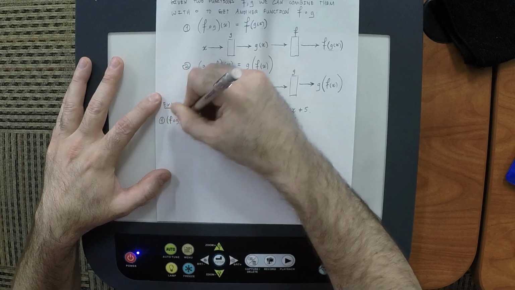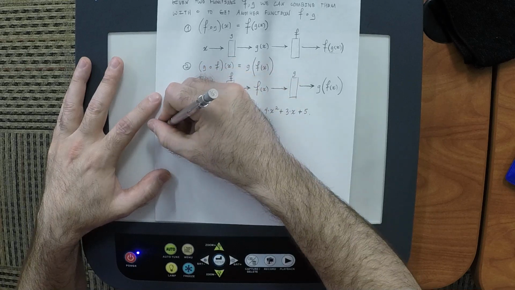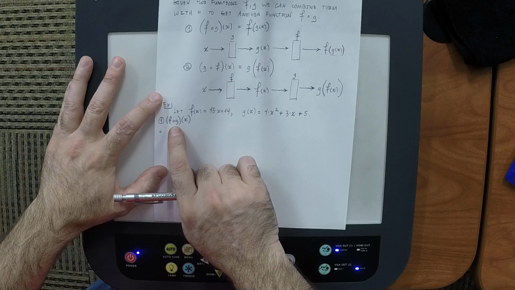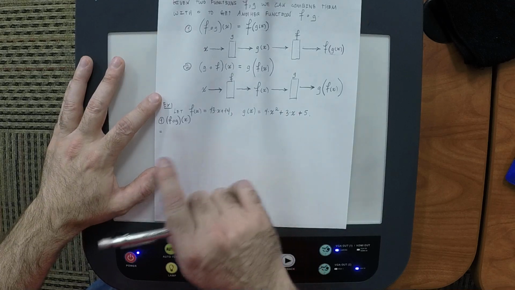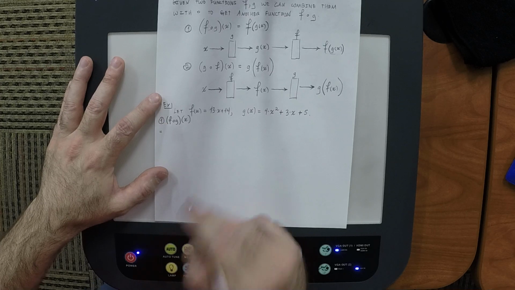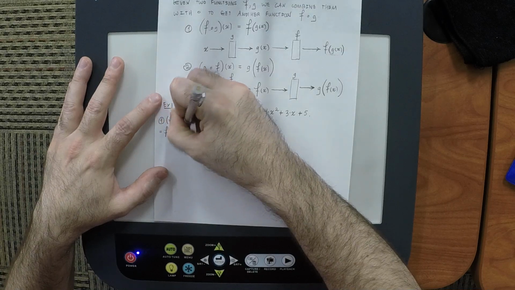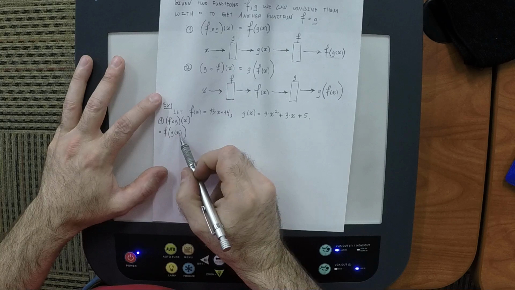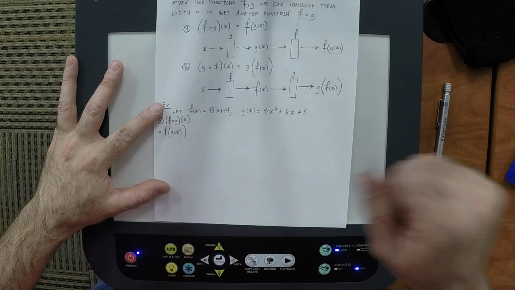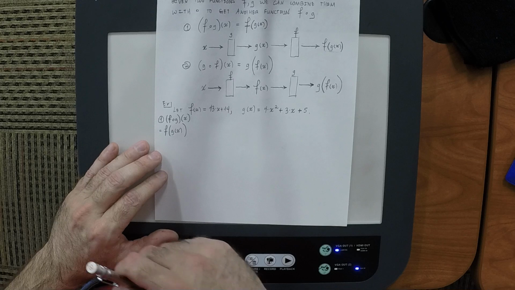f composed with g evaluated at x. Well, how do we write this without the composition operator? You have to put the g of x in parentheses with it. No, the f and then parentheses g of x, right? Very good. So f of g of x, which is to say that x is given to g first. Okay, so now to get this right, I'm going to use a bit of psychological trickery.